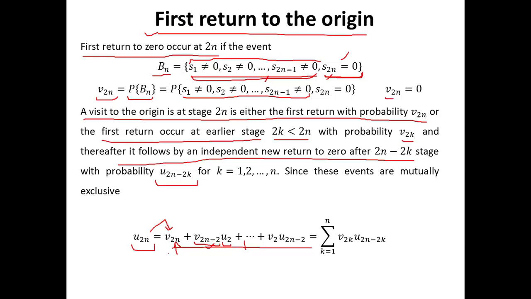So if we add up all these possibilities, we are getting a summation of v2k multiplied by u2n minus 2k, where k ranges from 1 to n.